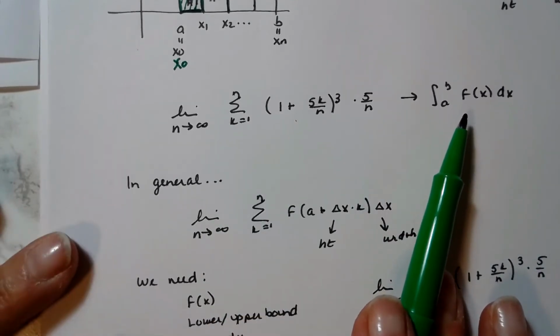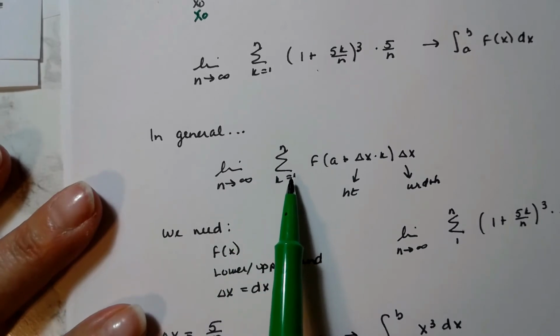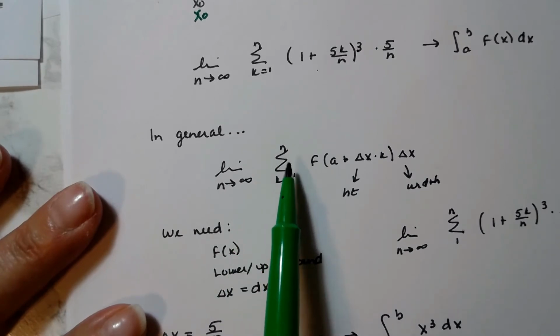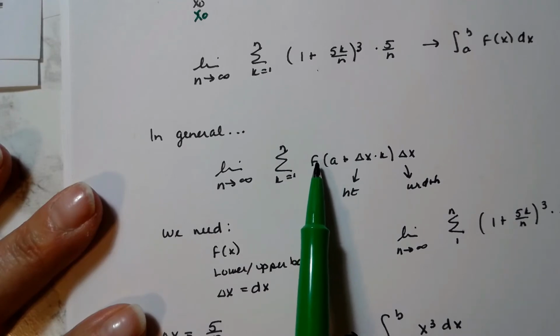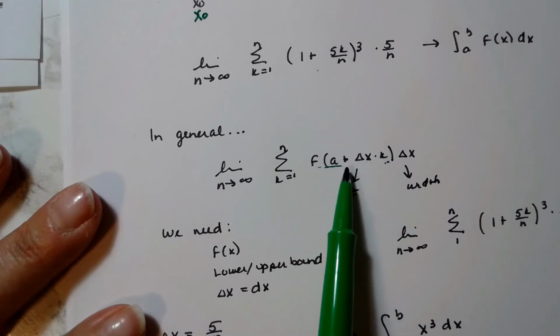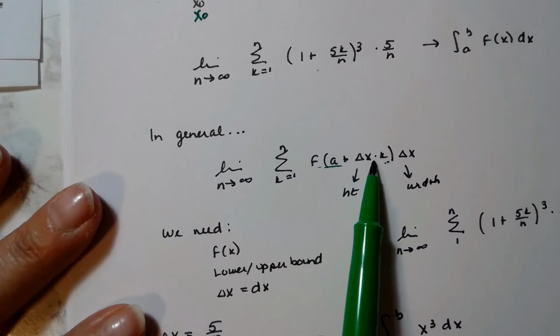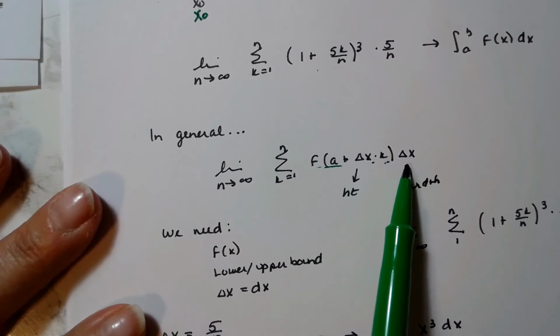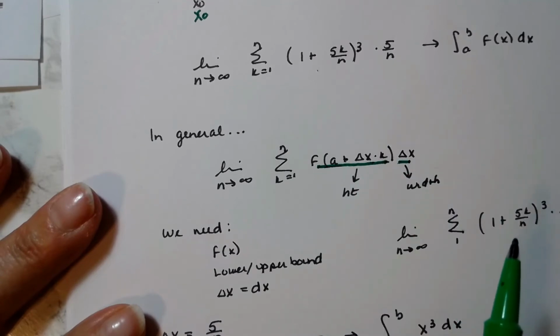In general, the limit, and don't worry about the lower bound, from k equals, let's say, 1 to n, of our function. And this whole thing right here represents the height, at a plus k times delta x. So this is the height of our rectangle and this is the width.